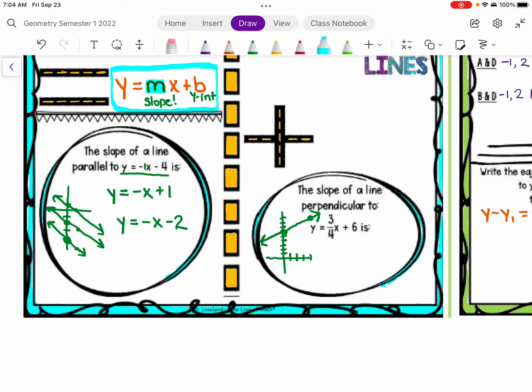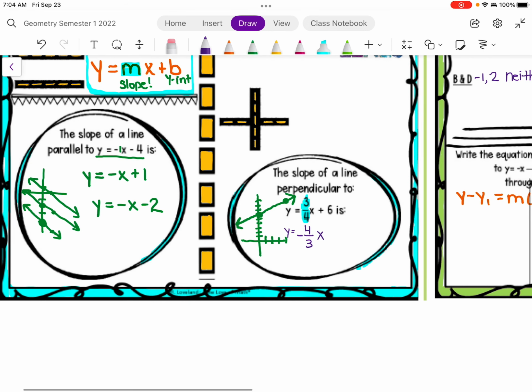Now remember, for perpendicular, we need the opposite reciprocal of 3/4. So first thing I'm going to do is flip the fraction, and I'm also going to make it negative. So y equals -4/3 x, and I can make any y-intercept that I want. So let's say that I make it +3.